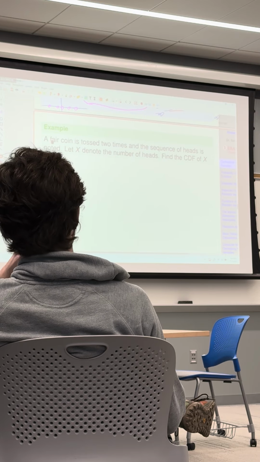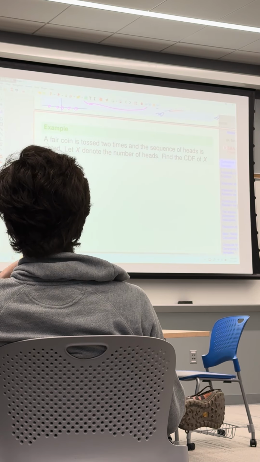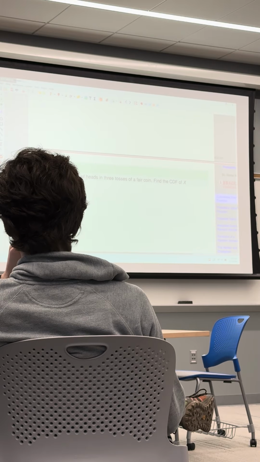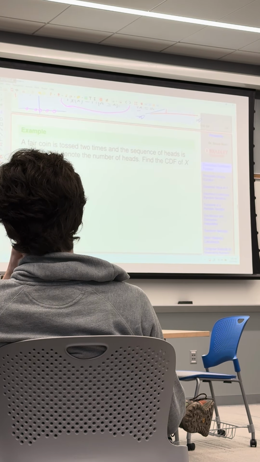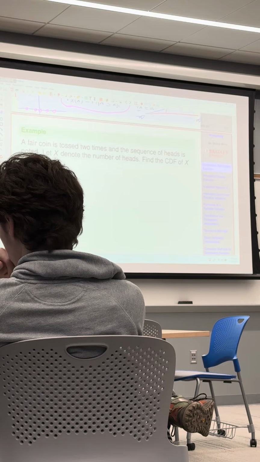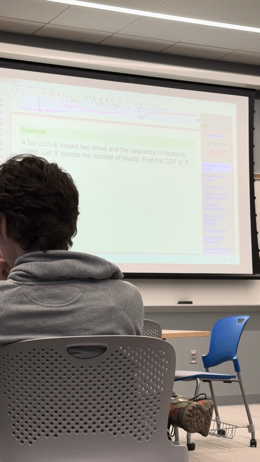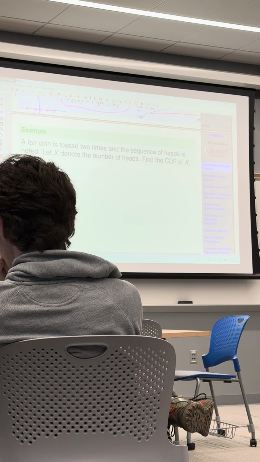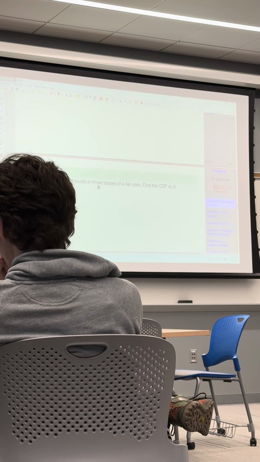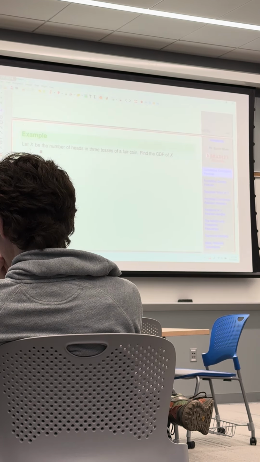Actually, this example is a part of this example. Here a fair coin is tossed 2 times and the sequence of heads is noted. Let X denote the number of heads, find the CDF. Now, in the following example, let X be the number of heads in 3 tosses of a fair coin.